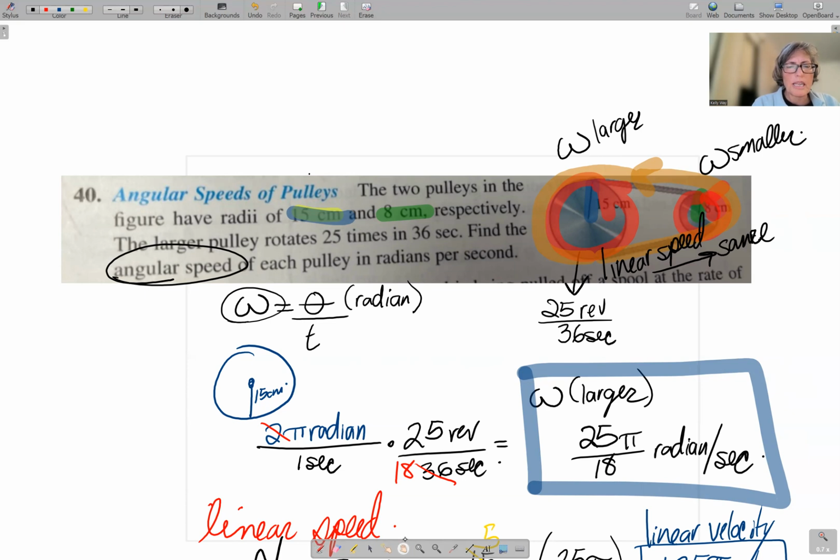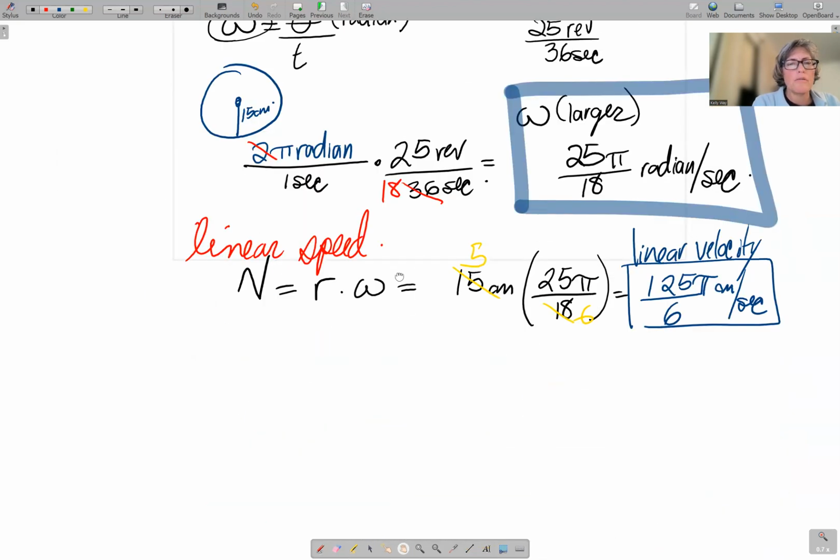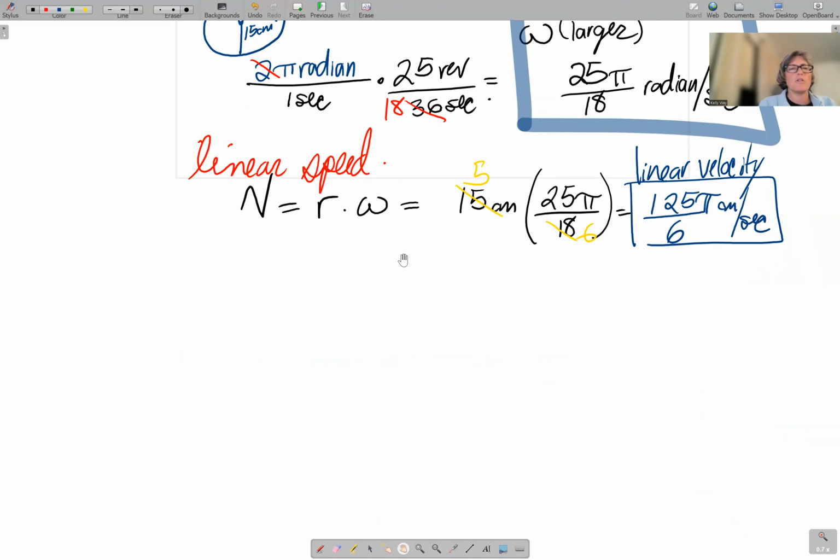So we're going to take the linear speed and convert it back to the angular speed for the smaller pulley. So the smaller pulley is 8 cm, and our conversion rate back is the fact that our linear speed equals radius times the angular.